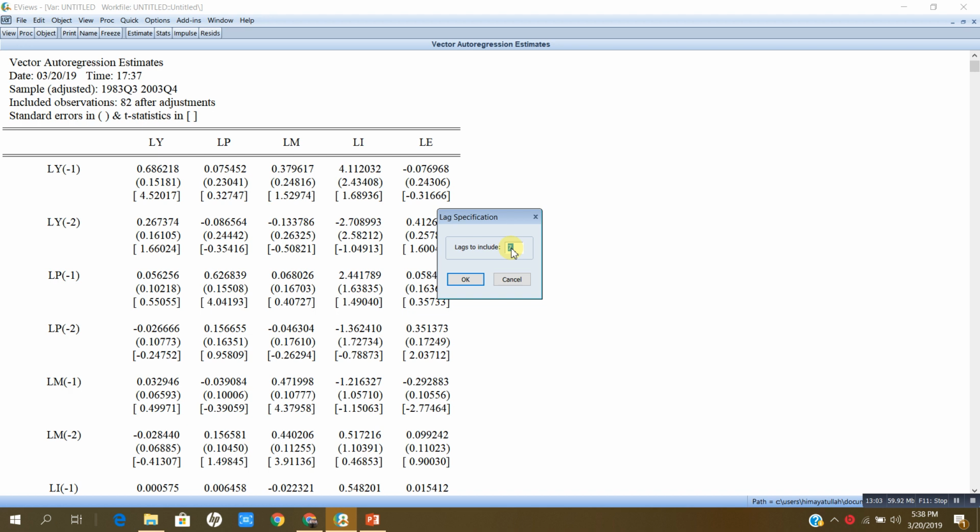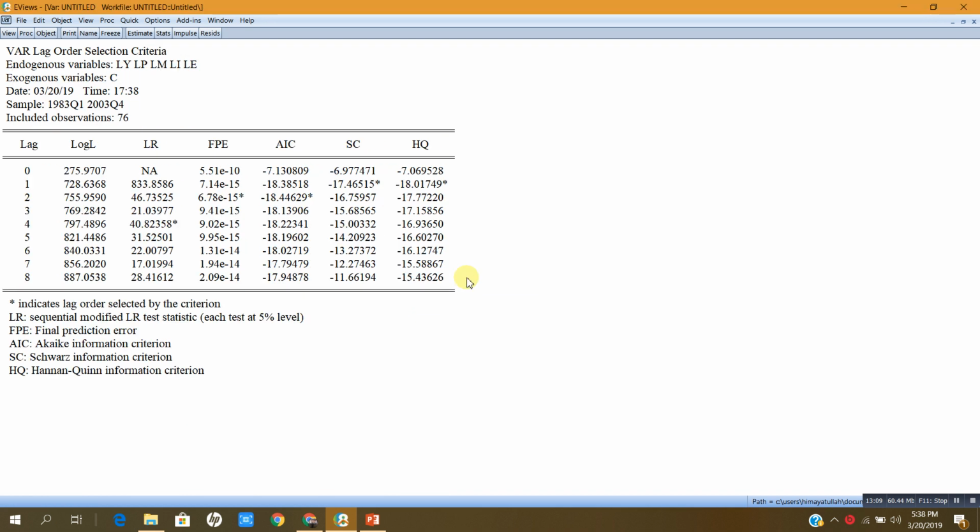Now it's up to you, it depends upon your topic, your problem. Now 2 criteria suggest that I should take one lag length, and 2 criteria suggest that I should take two lags. So let me take 2 lags instead of 1. I may take 2 lags.